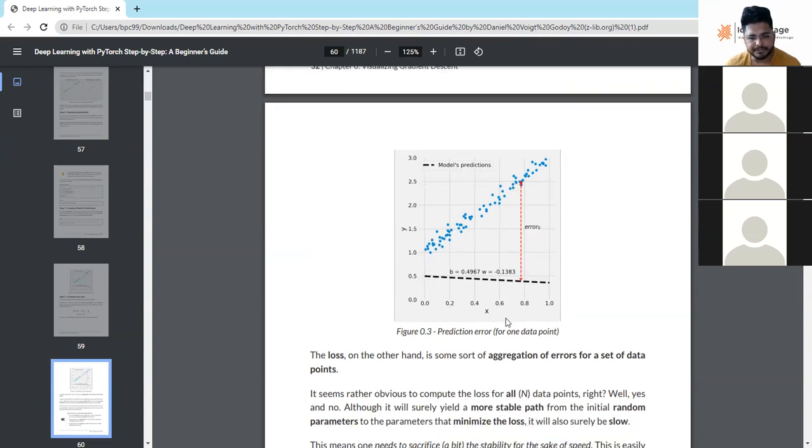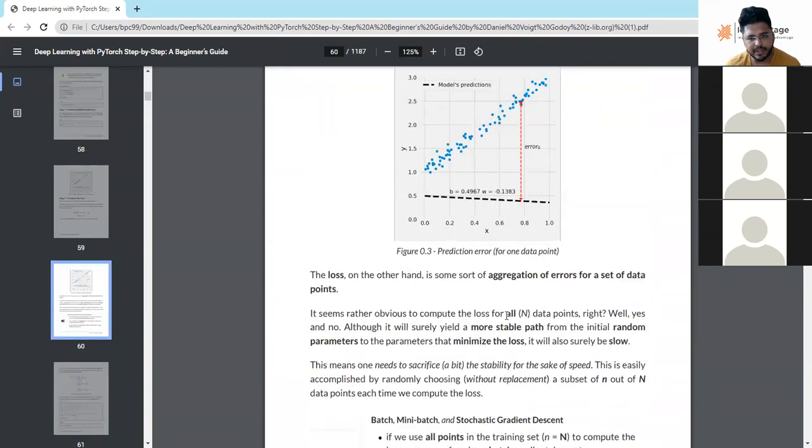But while we are rotating this line and bringing it here, how many data points are we using to calculate the loss? How many data points are we using to calculate the total loss, this aggregation?